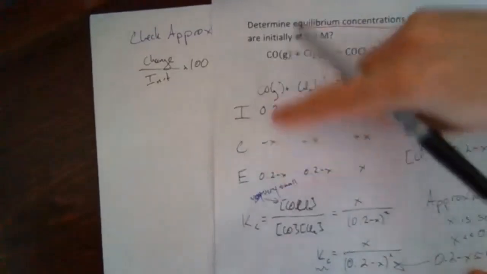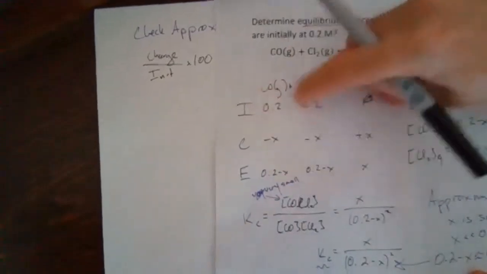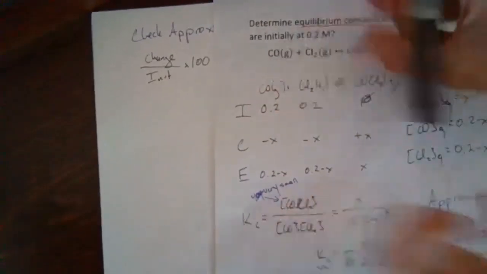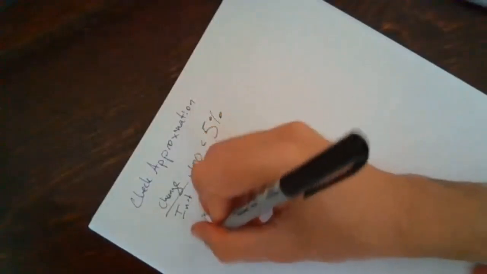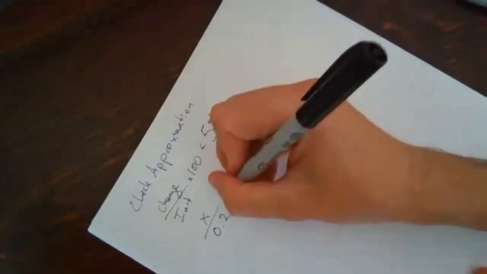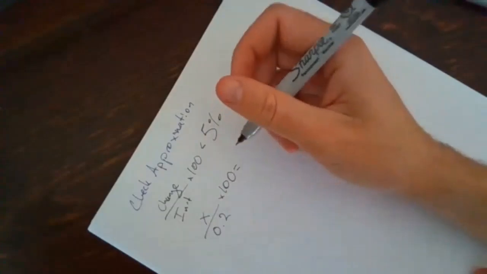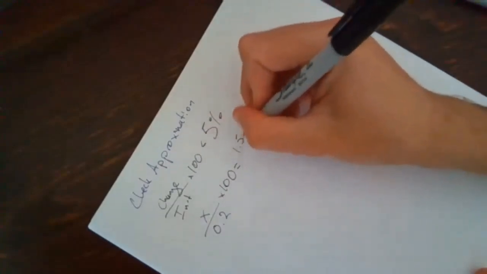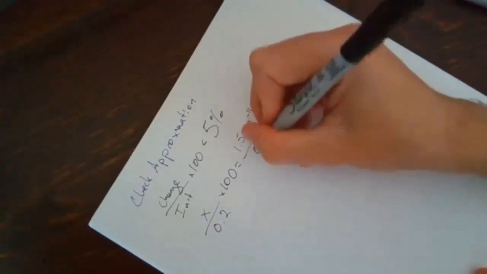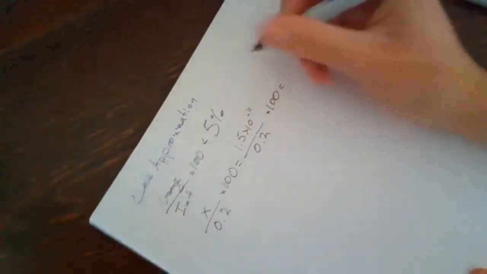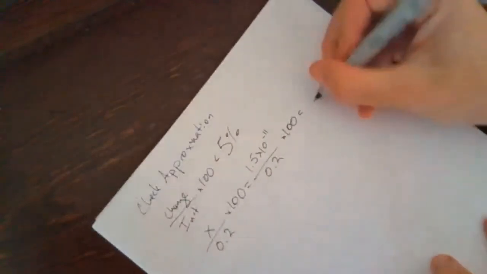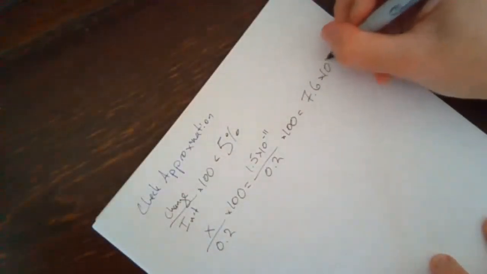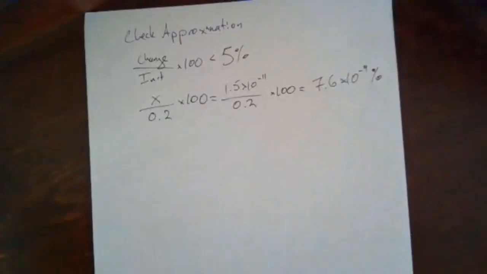We approximated that this change, x, was much smaller than 0.2, and our cutoff for much smaller is going to be 5%. So we take our change, x, divided by the 0.2, and multiply by 100. So x is 1.5 times 10 to the negative 11 divided by 0.2 times 100 to turn this into a percentage, and we get 7.6 times 10 to the negative 9 percent, which is good.